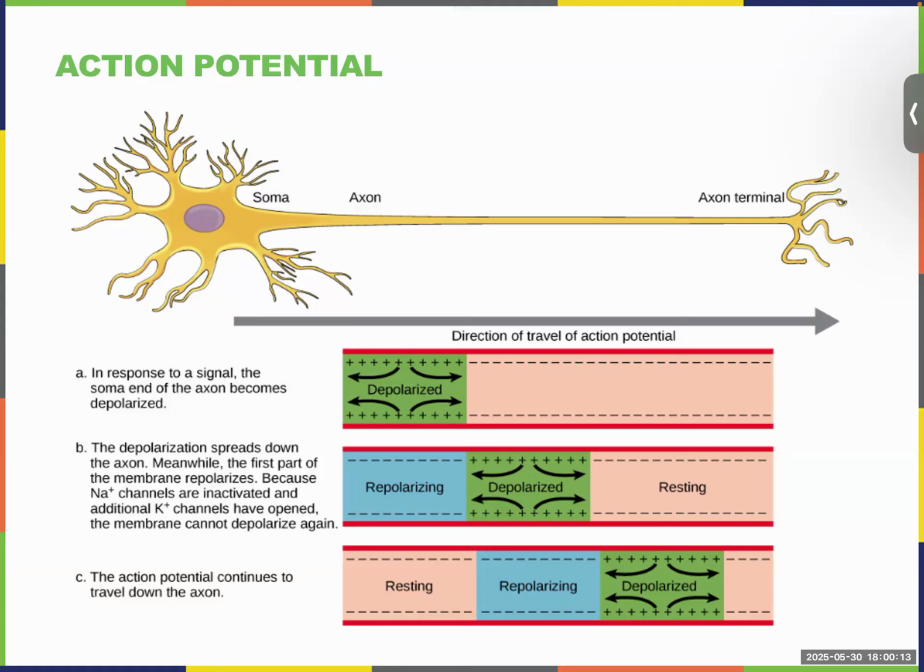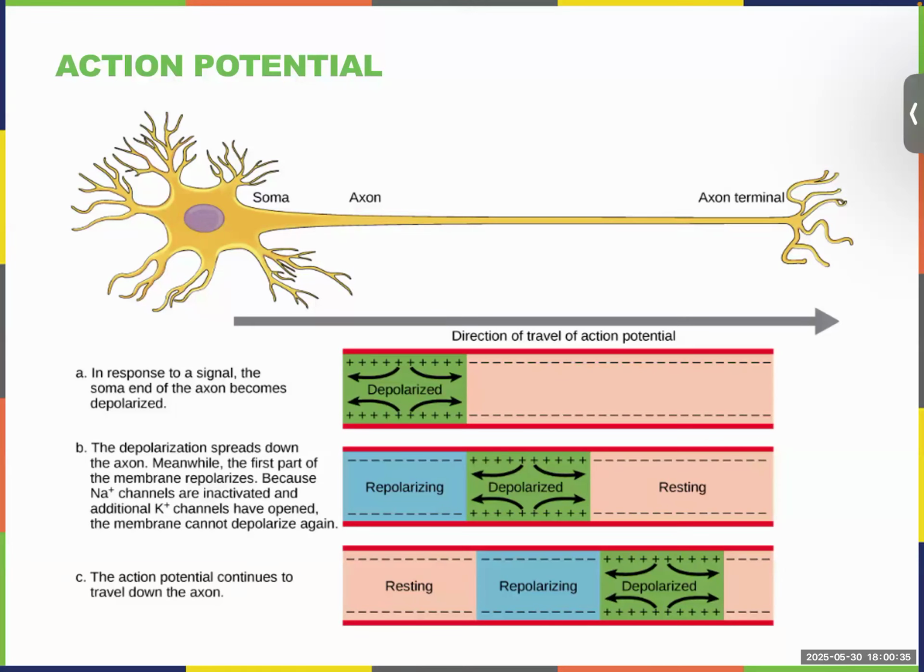But as more and more to the right of that axon gets depolarized, previous areas of the axon to the left near the dendrites will repolarize and go back to the resting potential so that the cell can be responsive again. But as long as it's depolarized or repolarizing, it cannot respond to a signal in that area.